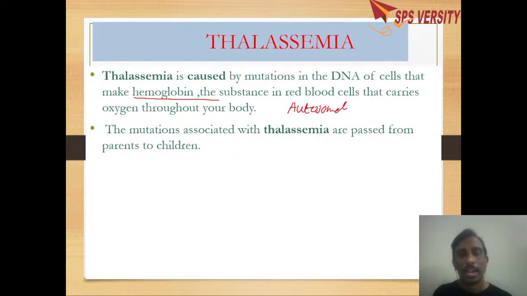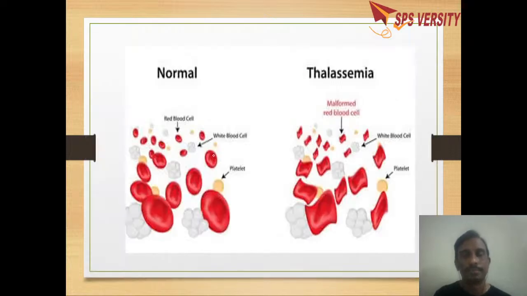And thalassemia is passed from parents to children. Here you can see a normal RBC, which has a normal shape. A thalassemia RBC will be of a different shape, not the disc shape.